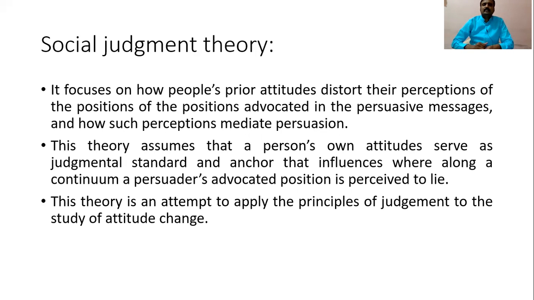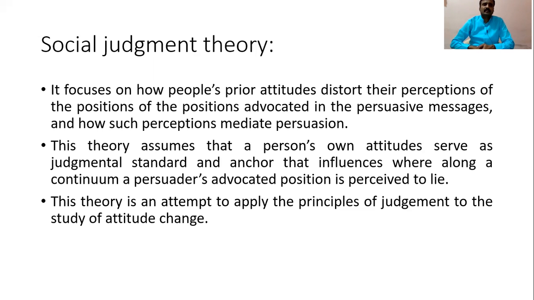The next theory is social judgment theory, which focuses on how people's prior attitudes distort their perception of the position advocated in persuasive messages, and how such perception mediates the persuasion. How a consumer perceives things impacts the individual.